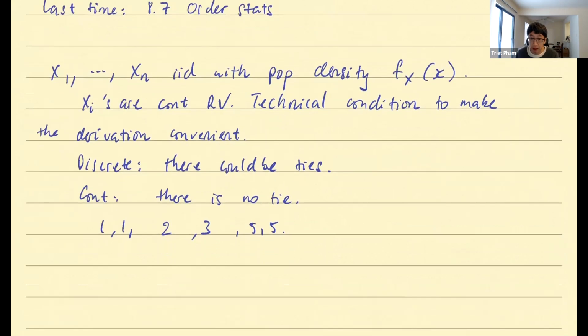Having made that comment, we have a very general result. In the spirit of the language I was using, this is the universal result that the density of the ith order statistic, or I think last time I used K, let's say K, will be as follows.